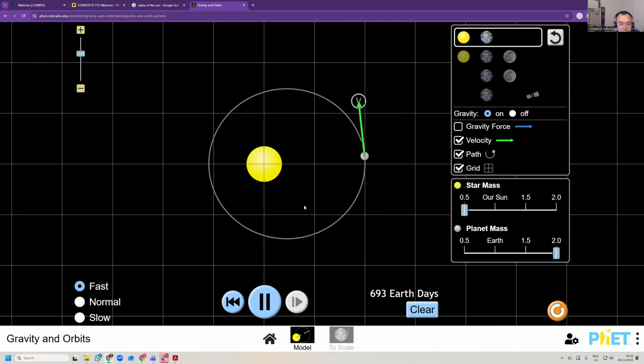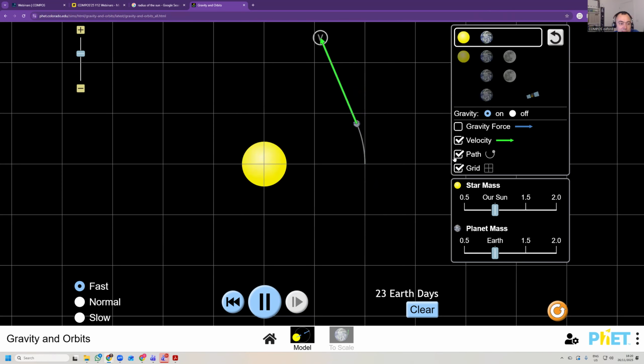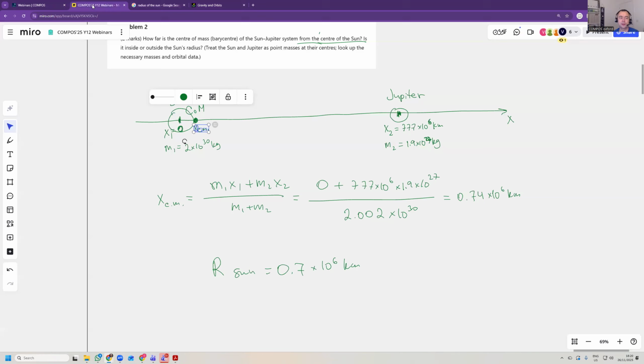Okay, reset. Apologies, I was sure this model allowed you to see the wobble of the Sun. Sometimes you can detect the presence of planets like that, right?